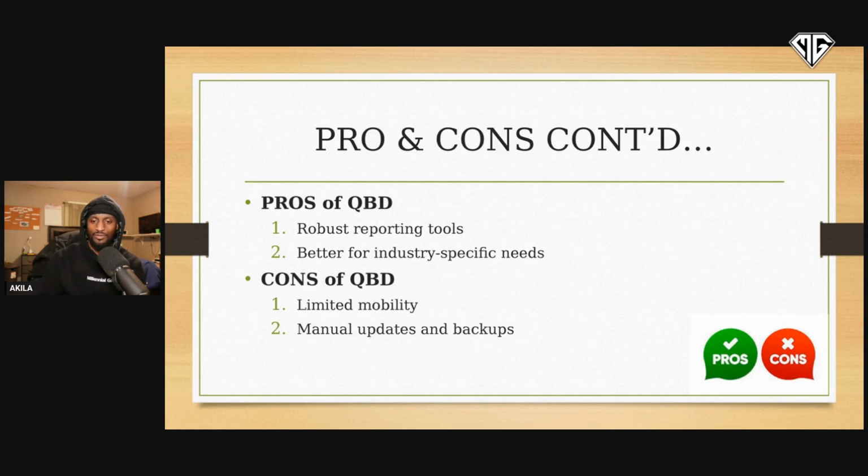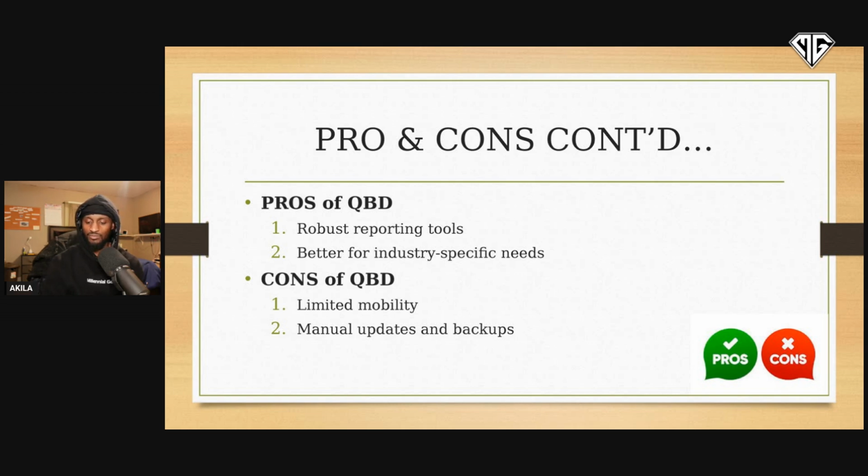So now, what are the pros of QuickBooks Desktop? Well, more robust reporting tools and better for industry specific needs. So you're definitely going to have more in depth financial tracking.